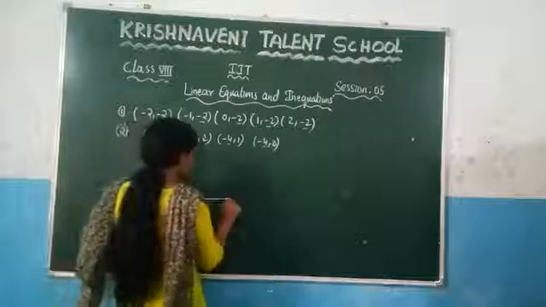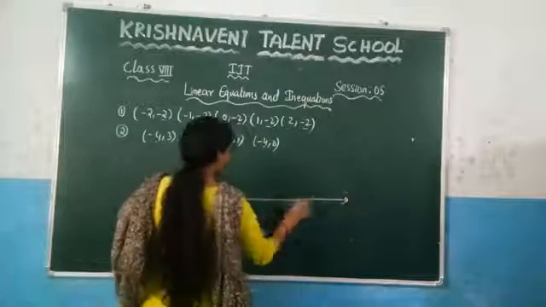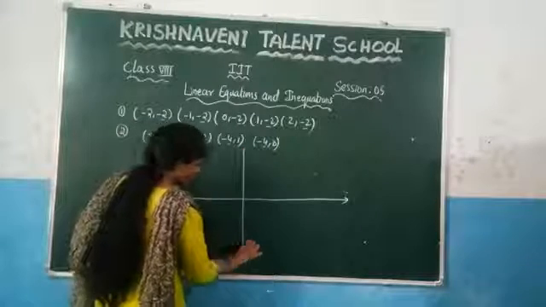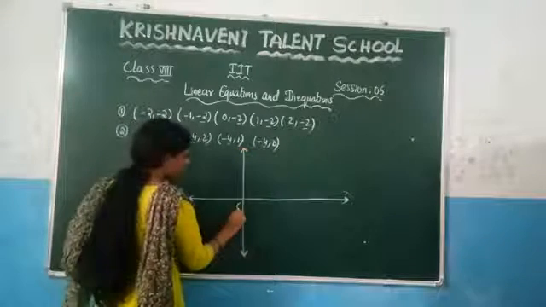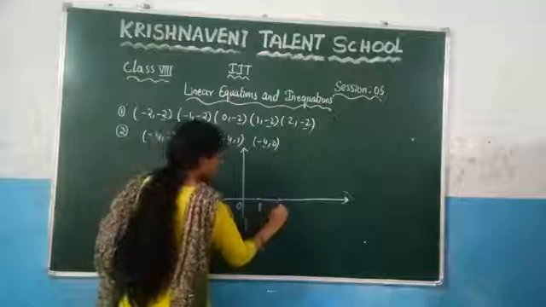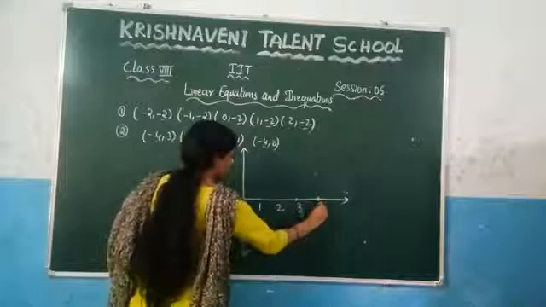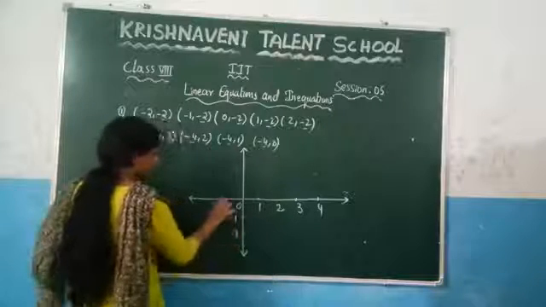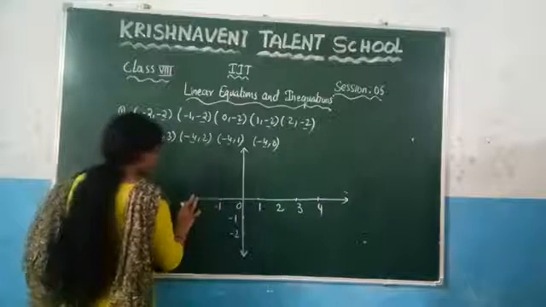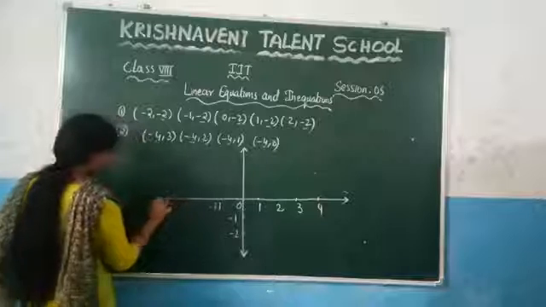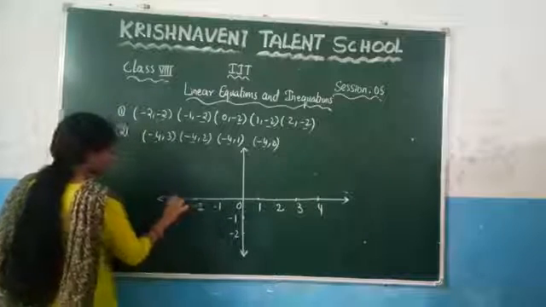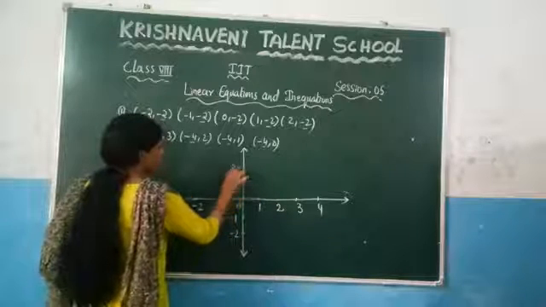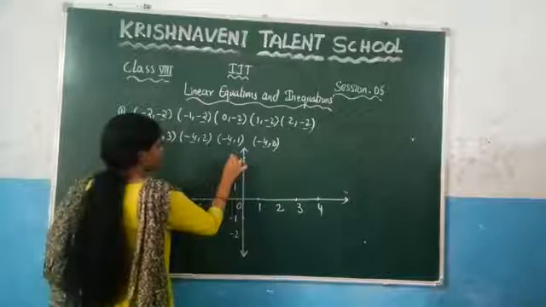First you need to draw the x-axis, and after that the y-axis. This is the origin, and here the positive numbers will be, and here the negative numbers, and similarly for the y-axis, positive 1, 2, 3.